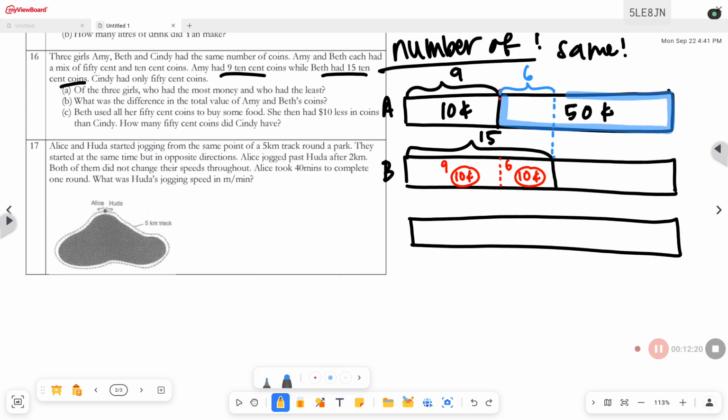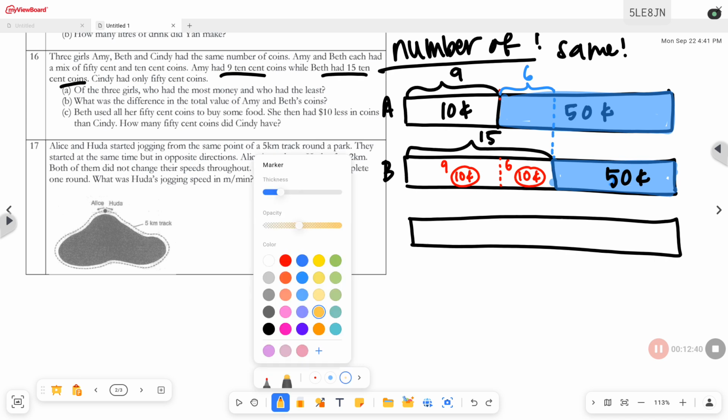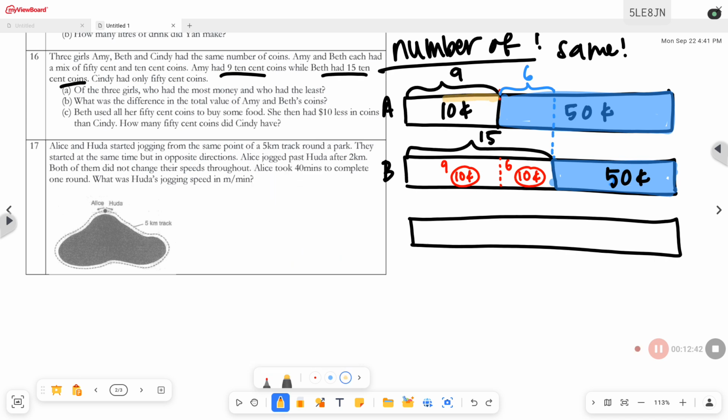And here, this is where all my 50-cent coins are. Over here, this is where all my 10-cent coins are for Amy, and for Beth, this is where all her 10-cent coins are.